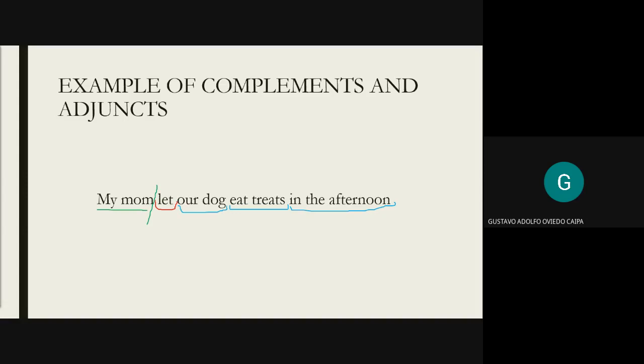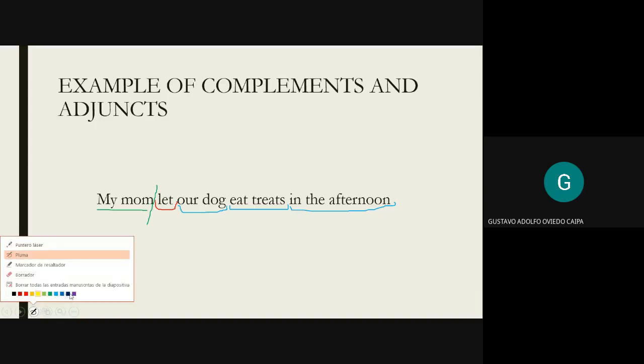All right, complement. Okay. Yes. In this case, the dog would be a complement, because if I erase it and I say my mom let eat treats in the afternoon, that doesn't make sense.